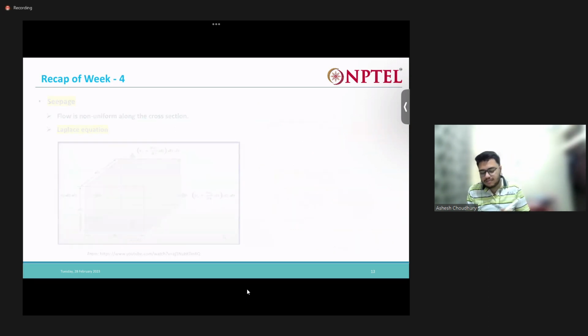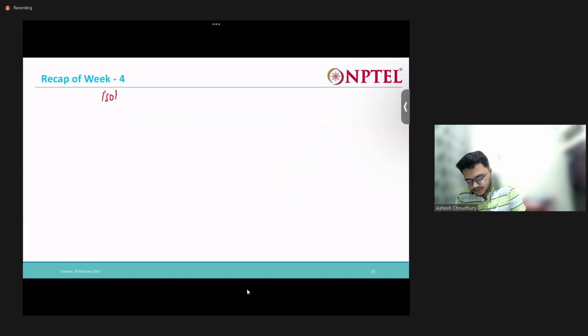Now if my soil is isotropic, it means the hydraulic conductivity is the same along the horizontal direction as well as the vertical direction. It means my kx is equal to kz. That is the isotropic case, meaning in both directions my hydraulic conductivity is the same.